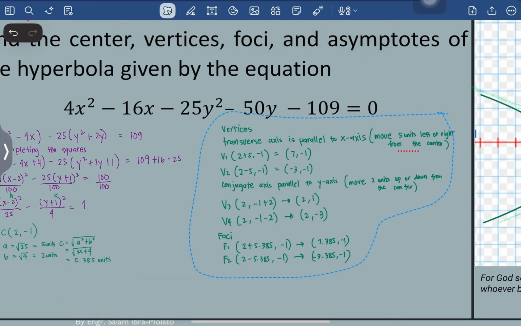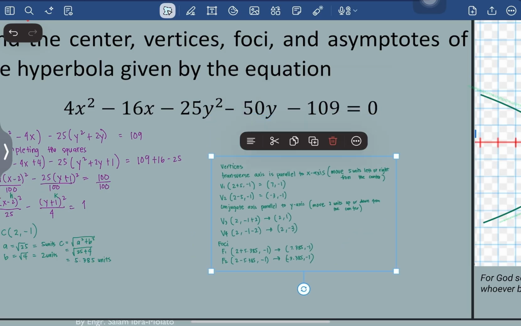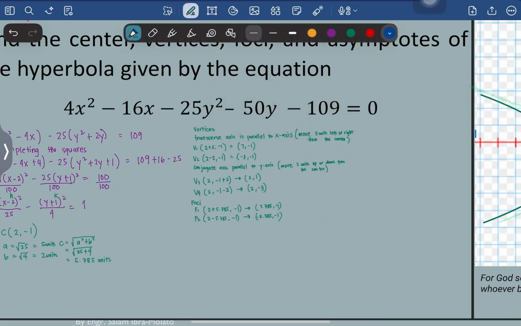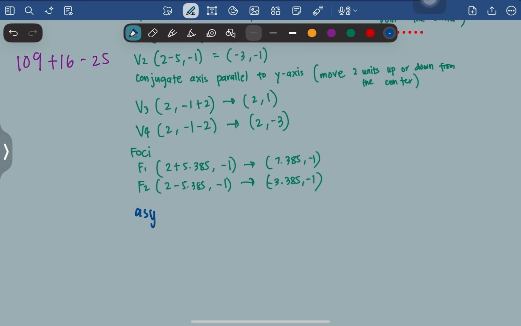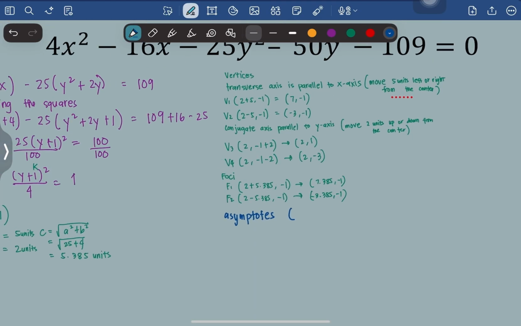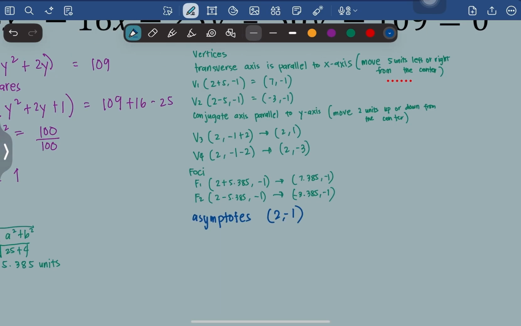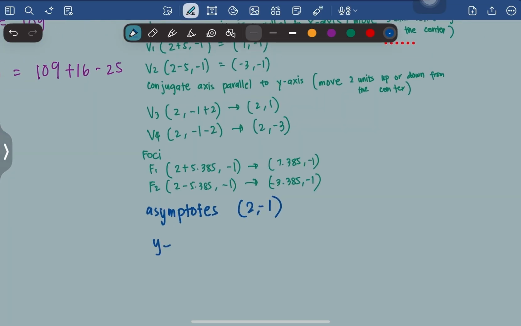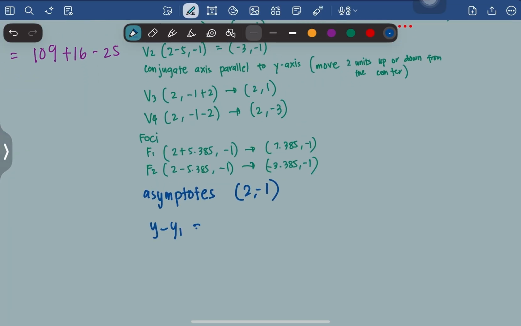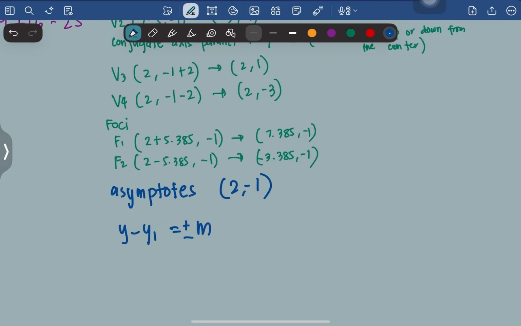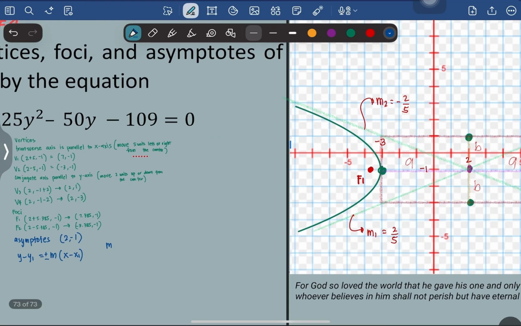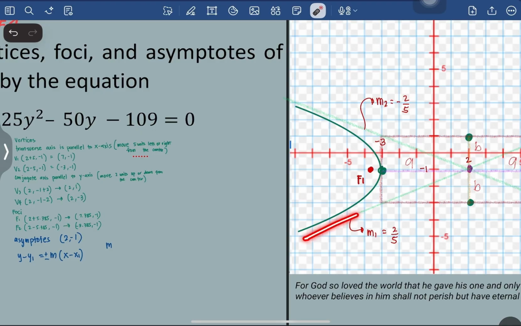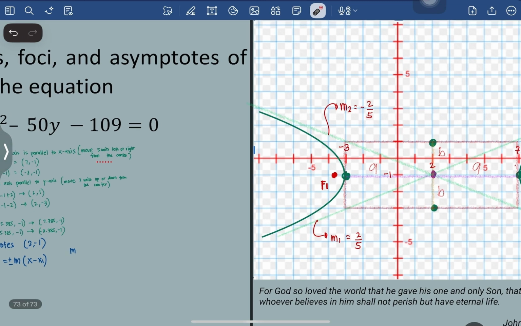Then for the asymptotes, the equations of the asymptotes pass through the center 2, negative 1. So just get the equation from the point slope form, y minus y sub 1 equals the slope times x minus x sub 1. So what is the slope? Going upward for this asymptote, this becomes positive slope.